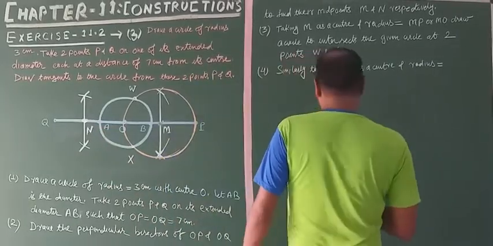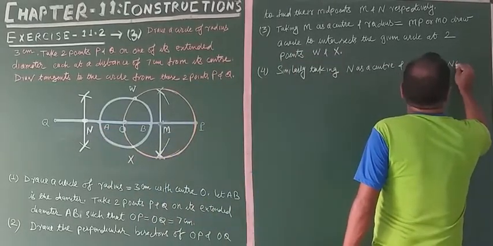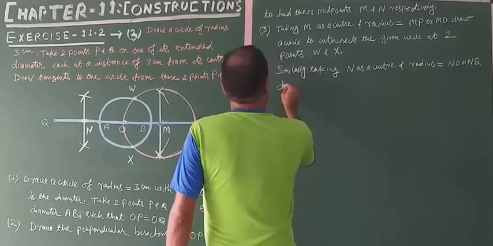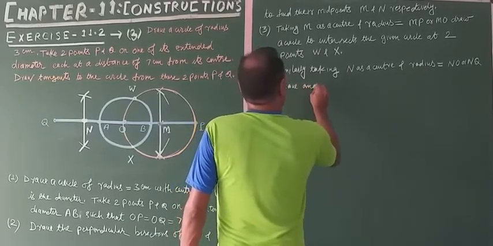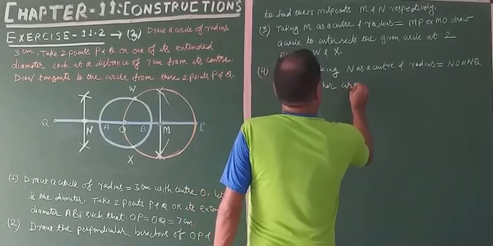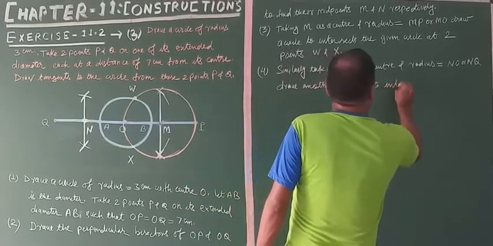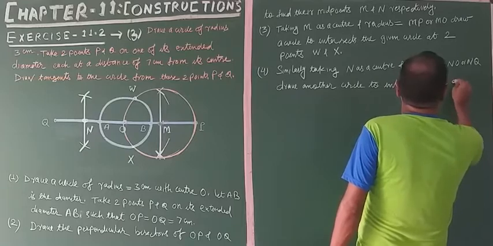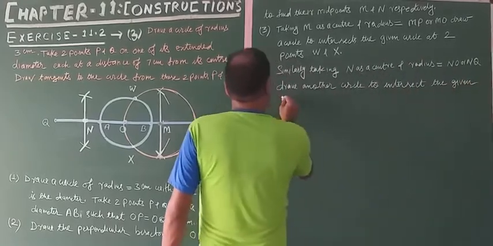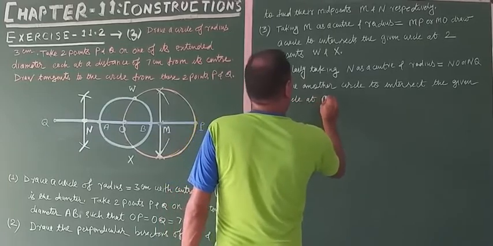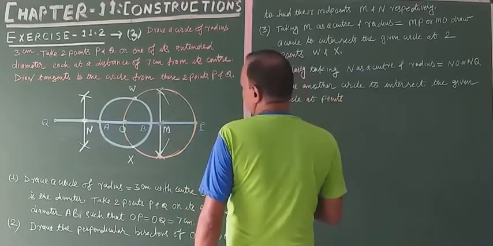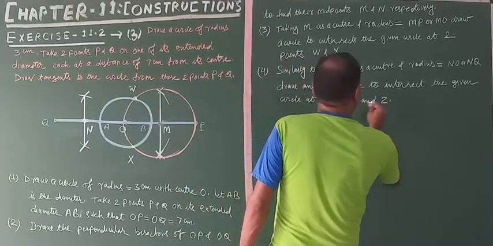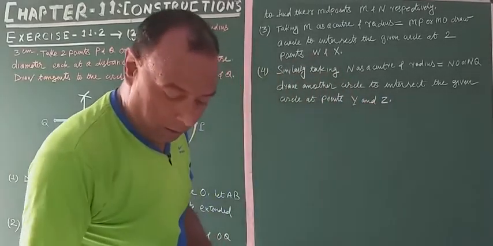NO or NQ, draw another circle to intersect the given circle at points Y and Z. Now again what we will do?